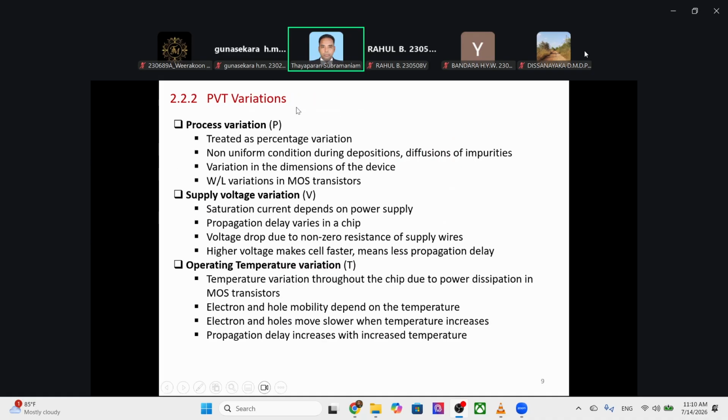PVT variations. Let's look at PVT variations: process, voltage, temperature. When we fabricate circuits on a wafer, it has to go through many processes, right? But each process has its own deviations. For example, temperature. If you set it to 100 degrees Celsius or 500 degrees Celsius, it will not be exactly 500 throughout the process time.